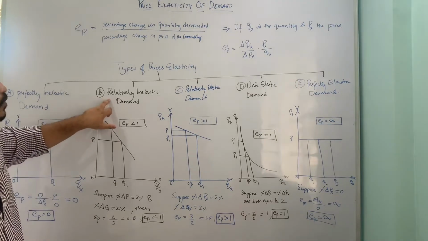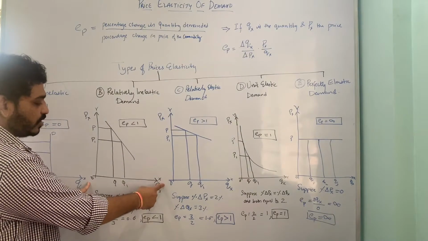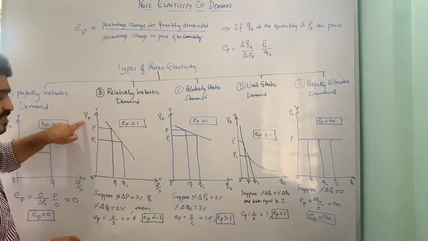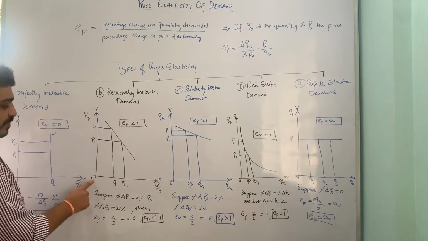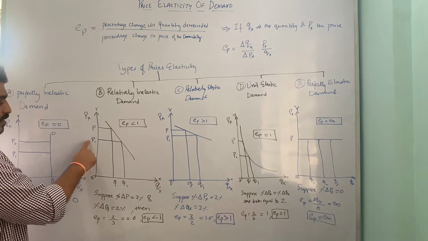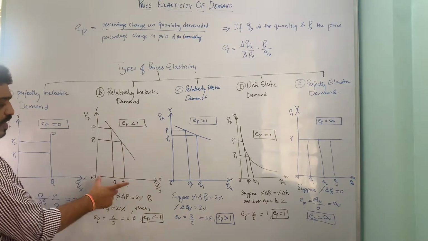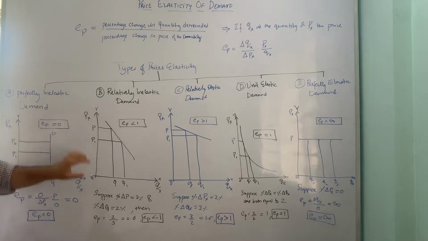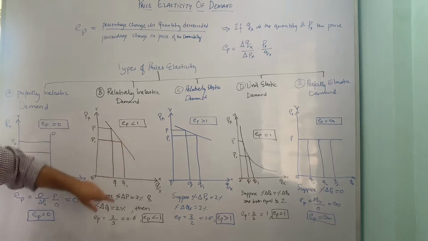Then let us move to relatively inelastic demand. Again on OX, I am talking about quantity demanded of X, and on OY, the price of X. Now the initial quantity when the price is OP is given by OQ. The change in price to OP1 reflects the change in quantity to OQ1. Let us assume that the percentage change in price is 3% and the percentage change in quantity is 2%.